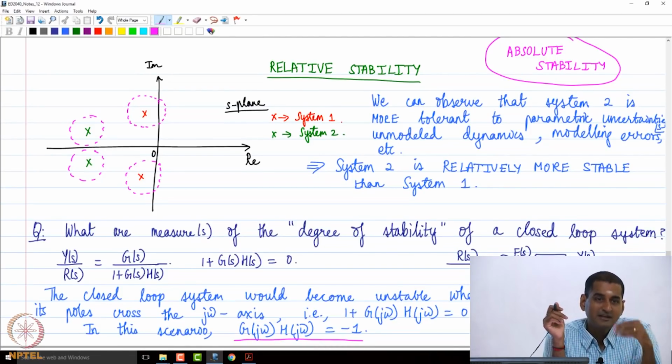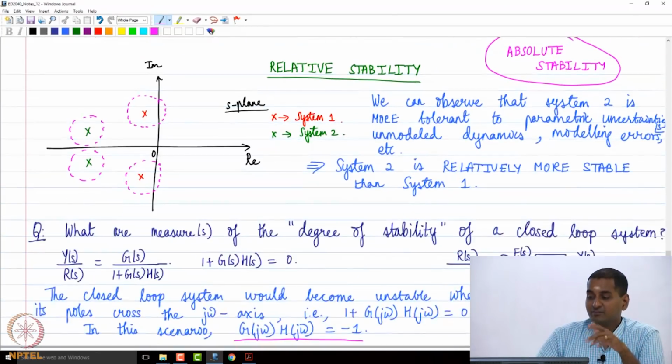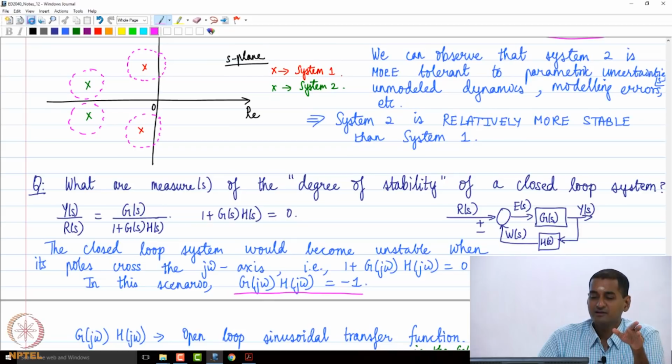That means that a closed loop pole is going to be of the form j omega. In other words, you are going to have closed loop poles on the imaginary axis, and that is what we are discussing. That is why we are converting the problem of analyzing closed loop stability once again into a problem of analyzing the open loop transfer function. That is a big advantage with frequency response methods.